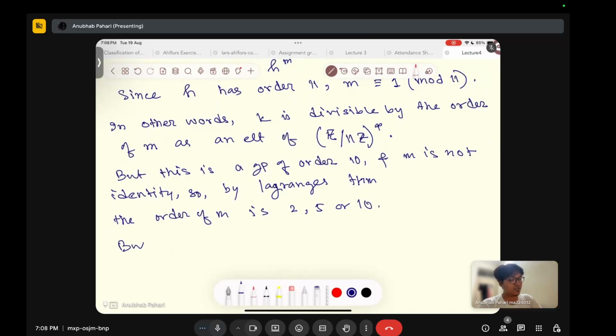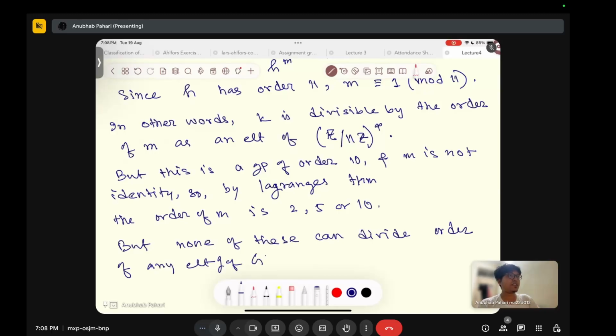But none of these, right, none of these can divide the order of any element of capital G, right?